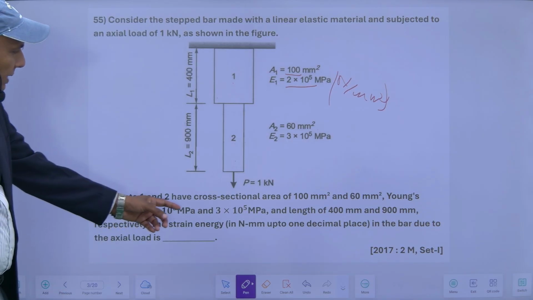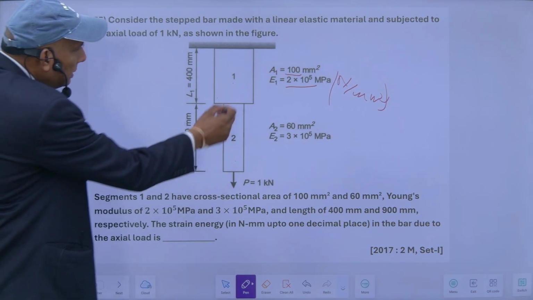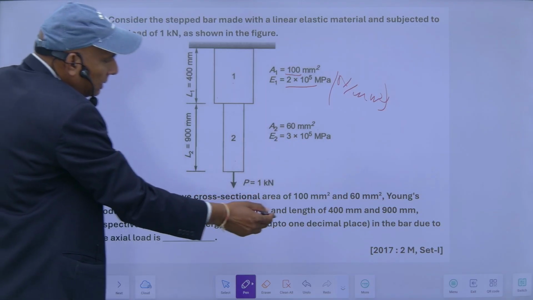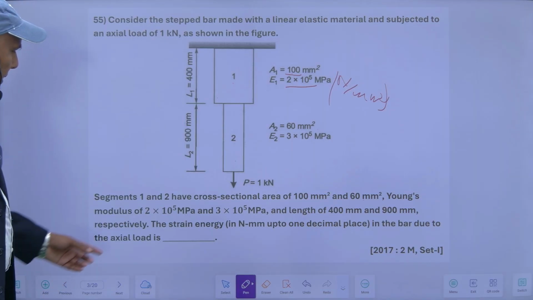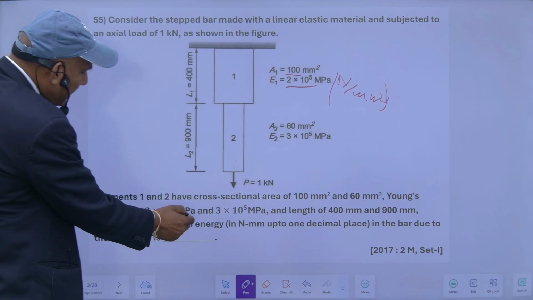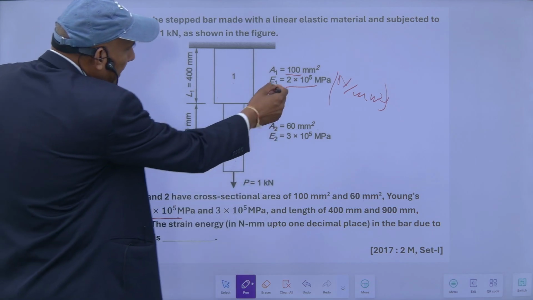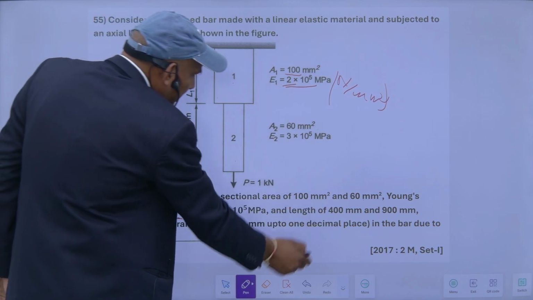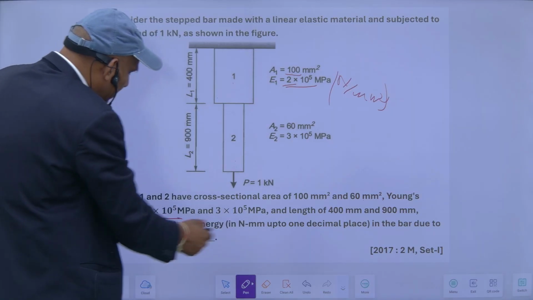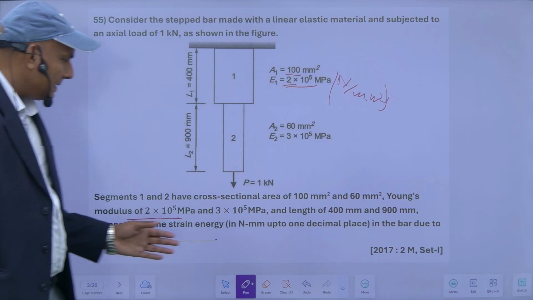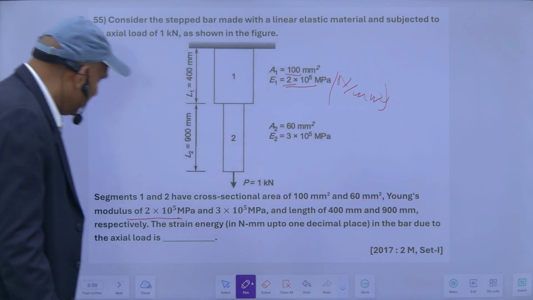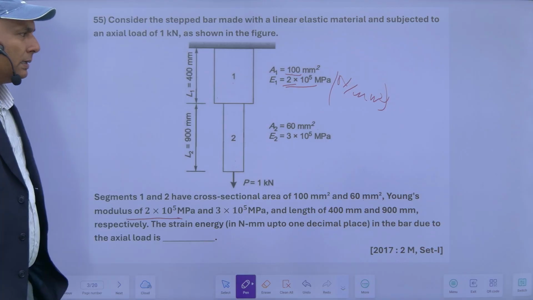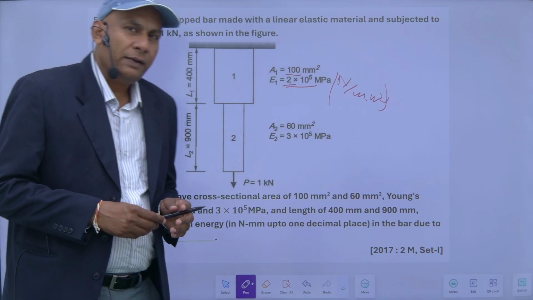Segments 1 and 2 have cross sectional areas of 100 mm square and 60 mm square, with corresponding Young moduli E1 and E2. Length is 400 and this is 900. The strain energy in Newton mm up to 1 decimal place in the bar due to the axial load is something which I have to determine.